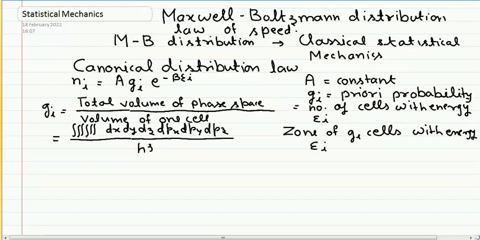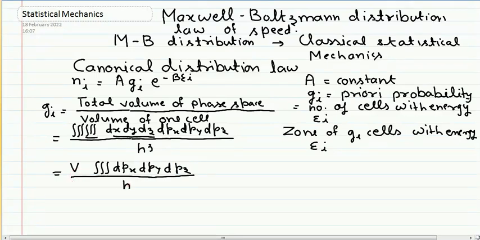Now if we integrate this function, the 3 integrations over dx, dy, and dz will give the ordinary volume. Then we are left with the 3 integrations over dpx, dpy, dpz, and this whole divided by h cube.